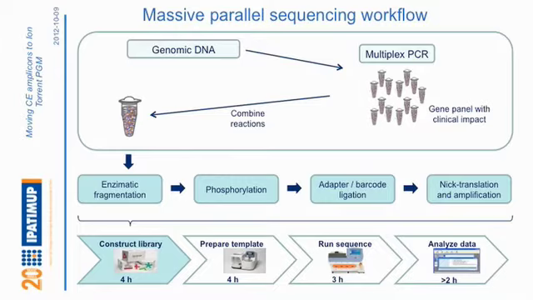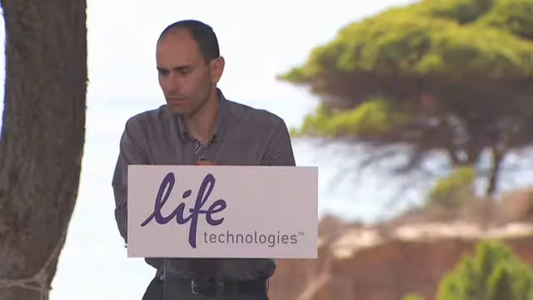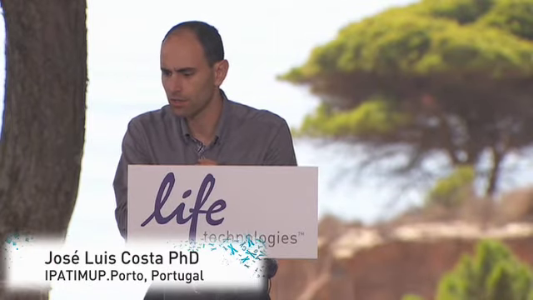And then we followed with phosphorylation, adapter and barcode ligation to the sample so that we can run multiple samples per chip. Then we prepare the template with the One Touch, which was really a big improvement over the initial manual protocol of doing the emulsion PCR, and then do the sequencing on the PGM.